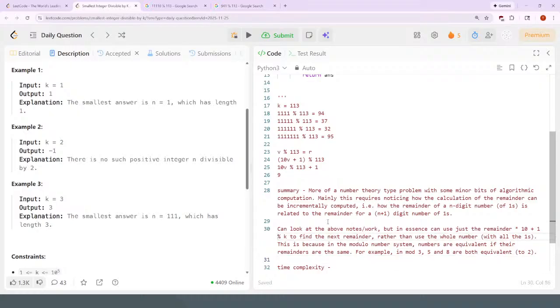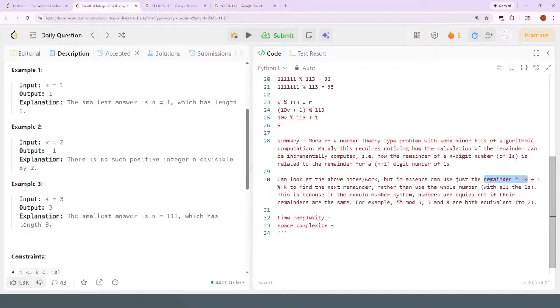So instead of using the long n-digit number, you can just use the remainder value to substitute for the next calculation.